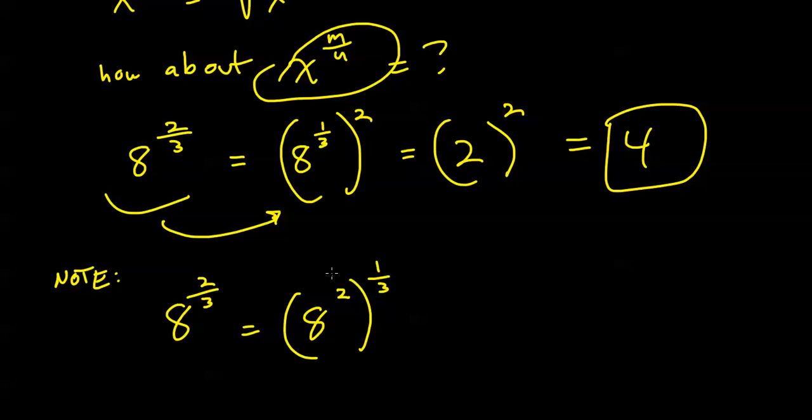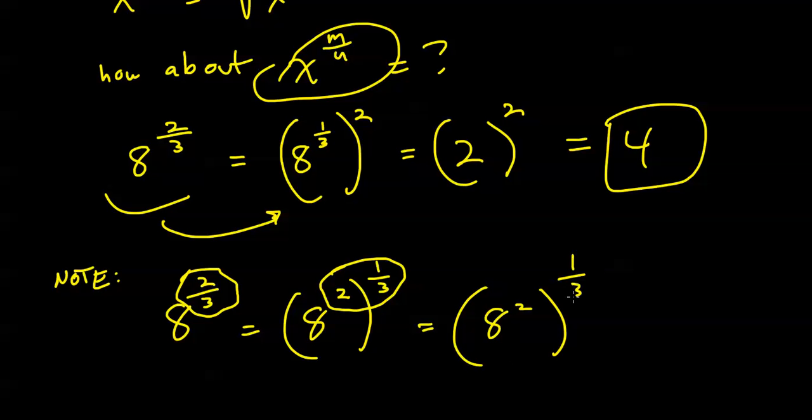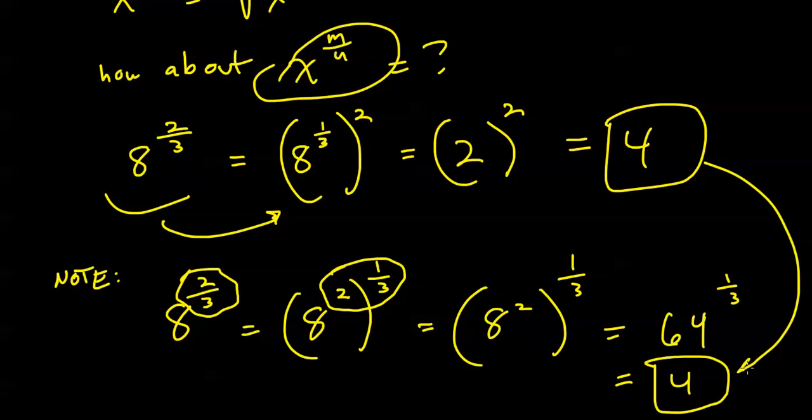Again, when I take a power of a power, I multiply the exponents, and 2 times 1/3 equals 2/3. So 8 squared to the 1/3 power, well, let's see, I take 8 squared, that's 64. So that's equivalent to 64 to the 1/3 power, and I know that's also 4. Notice these two answers agree.